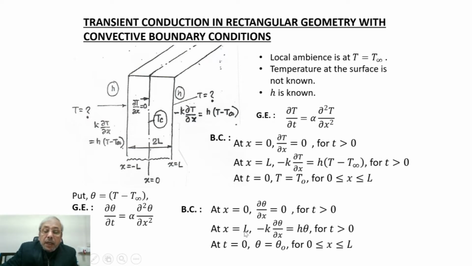At x equal to L, minus k ∂θ/∂x equals h θ. Convective boundary condition, again for time greater than 0. And at time t equal to 0, theta is theta 0 within the domain, and the domain length is x greater than or equal to 0 and less than or equal to L.